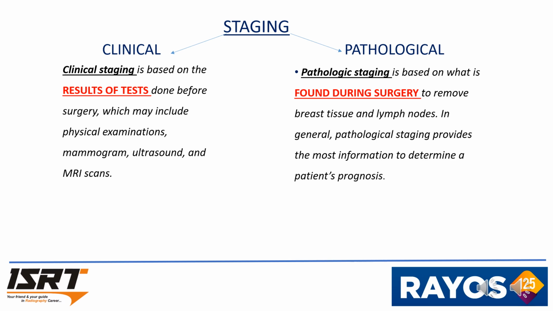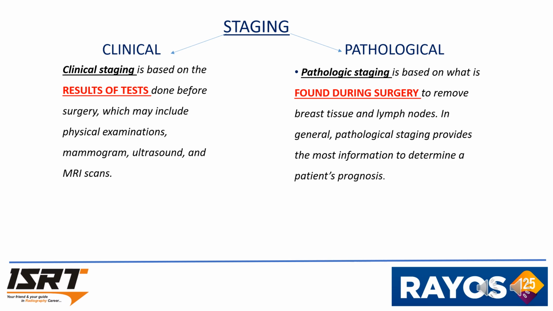Staging can be done clinically or pathologically. Clinical staging is based on the results of tests done before surgery, which may include physical examination, mammogram, ultrasound and MRI scan. Pathological staging is based on what is found during surgery to remove breast tissue and lymph nodes.